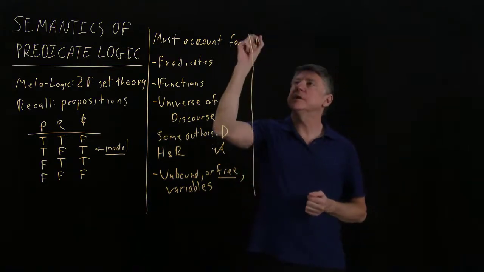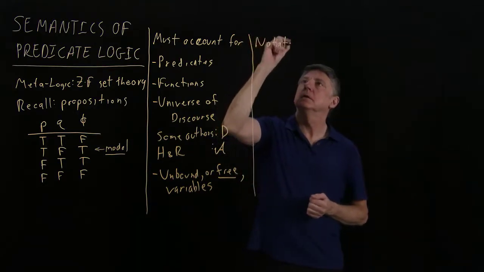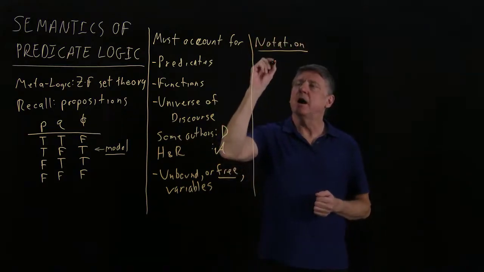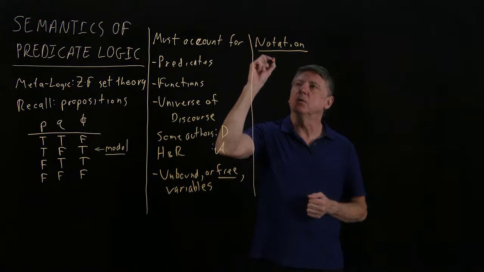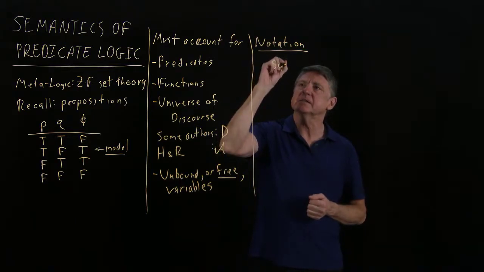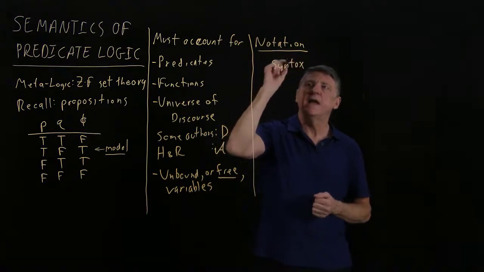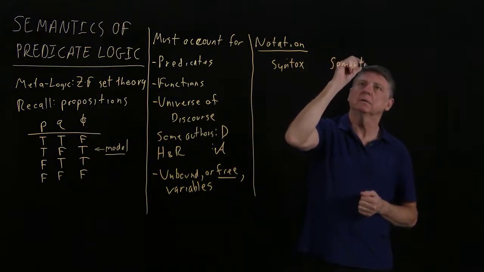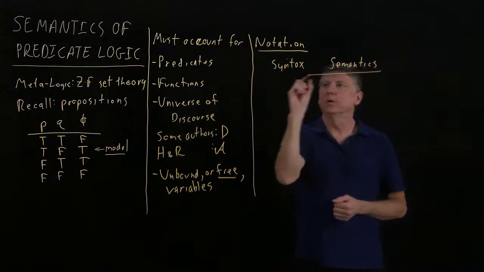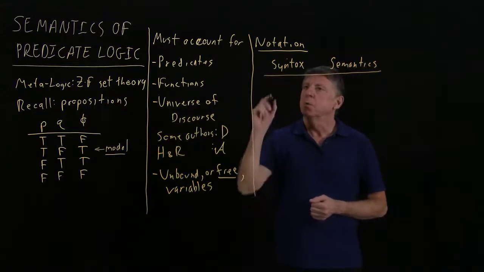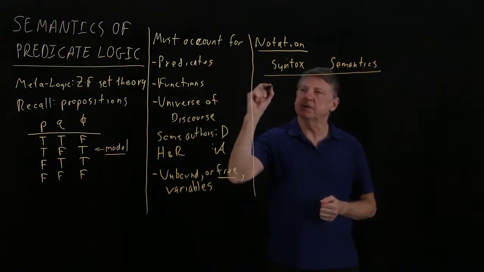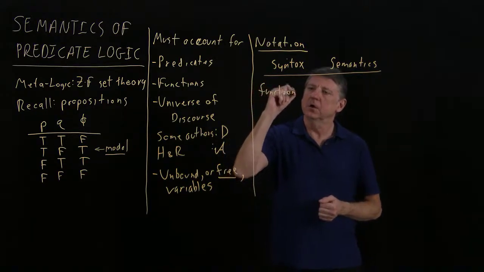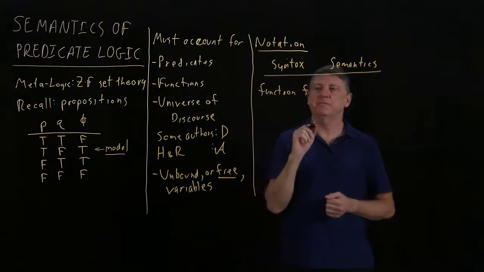And these together are what we'll call a model. We'll have some notation. And the notation is in a formula, or we'll call it in syntax, and then in our semantics, which is in a model. And we'll draw a distinction here. When we have a function, we'll write that as f.